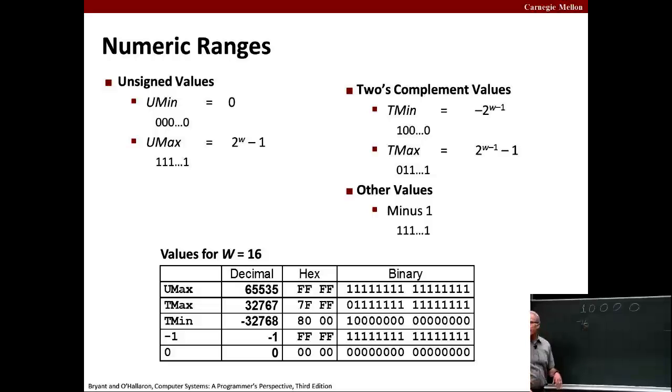Right, and you can argue this, by the way, that this is the only bit that has a negative weight. All the other ones have positive ones. So certainly 1 and all the rest being zeros is going to be the smallest number. And similarly, the largest number you can represent will be 8 plus 4 plus 2 plus 1, which is 15.